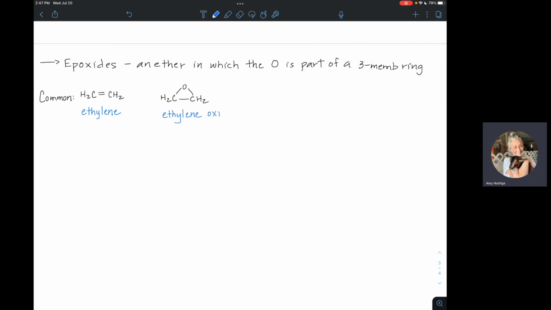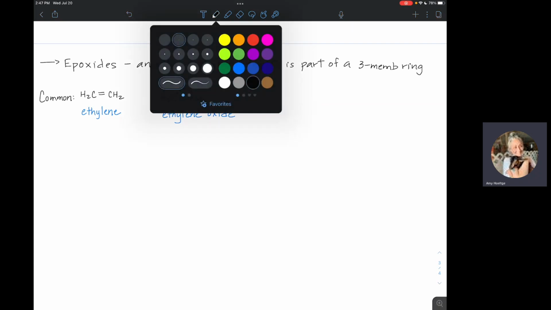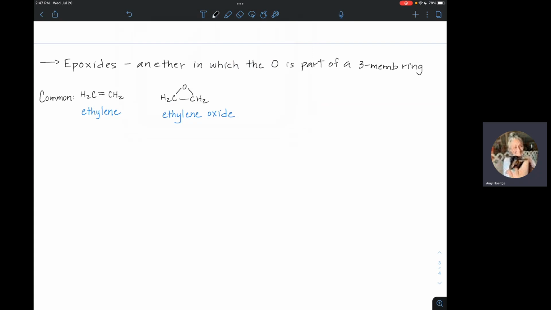Two words. Right, so we'll do another example. We could take propylene.